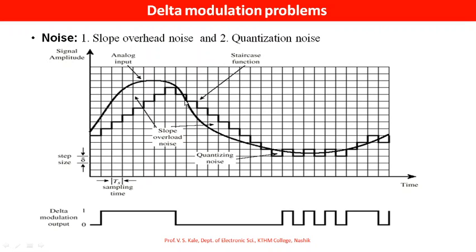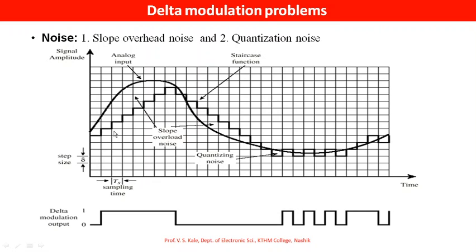Here the step size is fixed, but the signal is rapidly decreasing, so those are not matching. Similarly here, though the signal changes very slowly, it is also represented by the pulses. This noise is called quantizing noise.